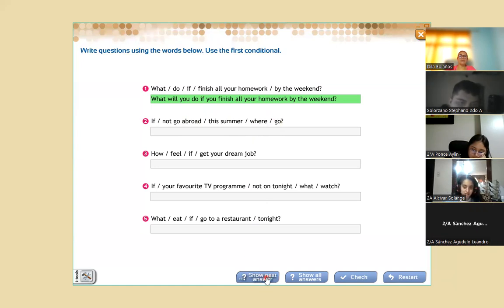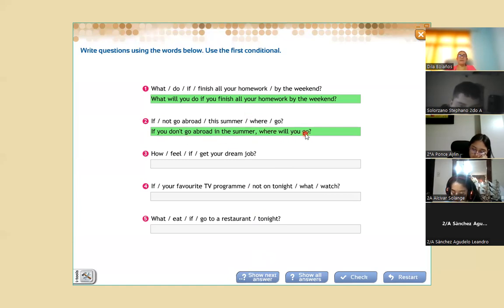Continue. If the condition, if you not go abroad. In this case, if present simple, if you not go. But how are you going to conjugate not go in the present simple? Where will you go if you don't go abroad in the summer? Look at this.